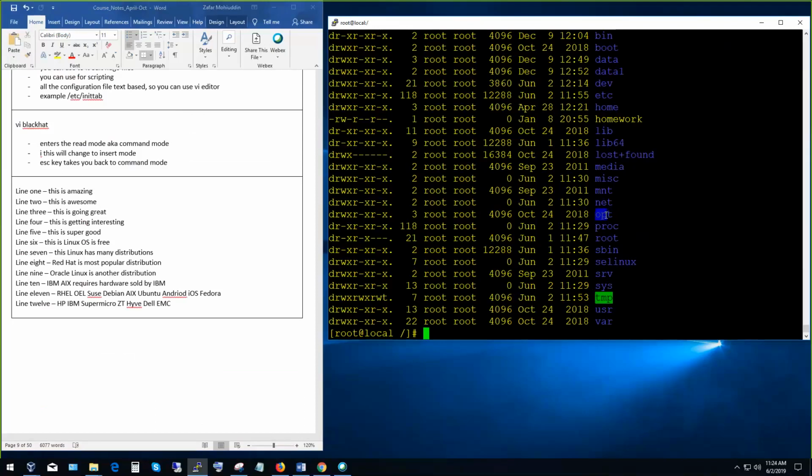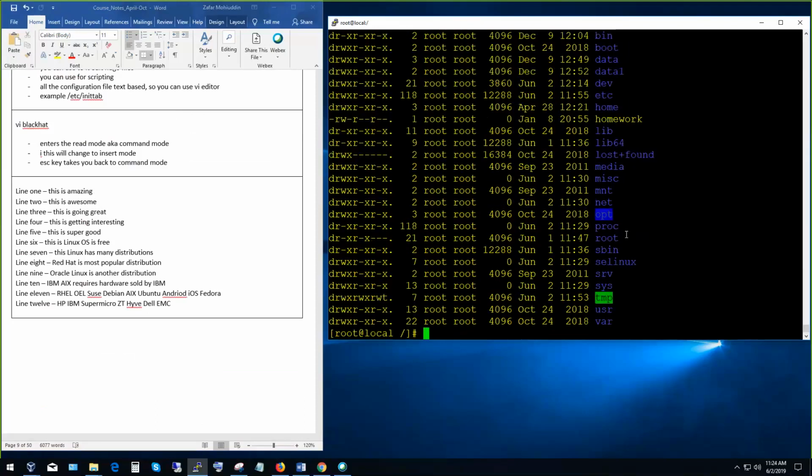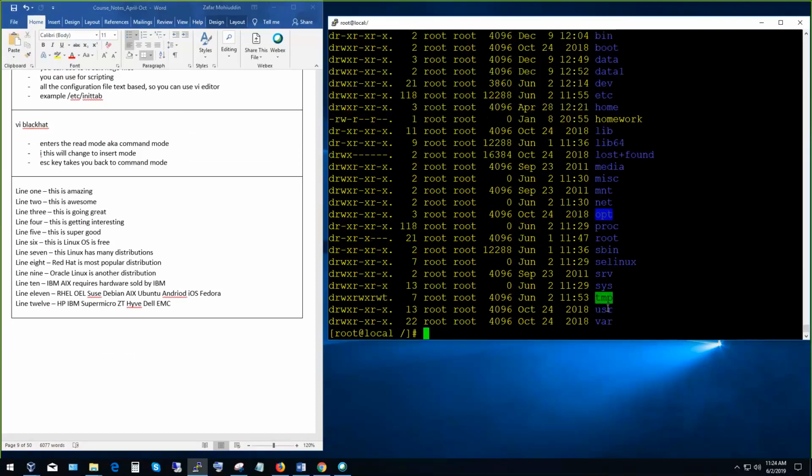So you got to keep in mind that sometimes /opt is bigger in size, and then the /var/log, because the logs are being thrown in there. So /opt and /var, they would be like a bigger one, mounted separately from the root.